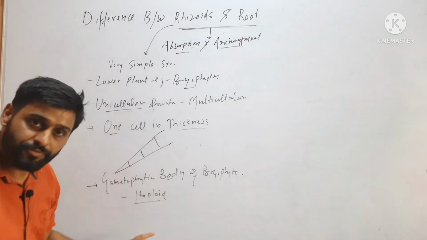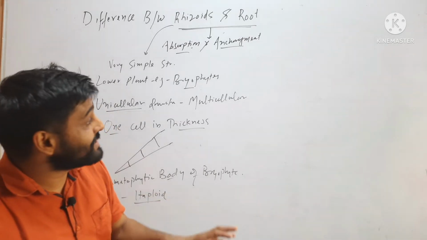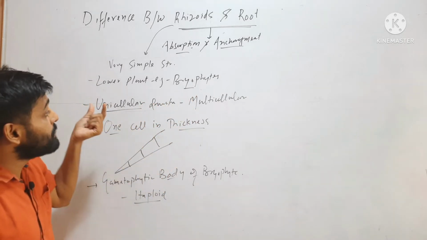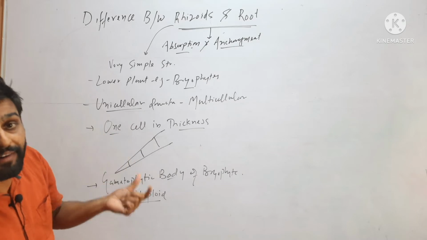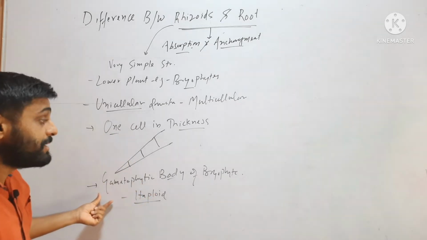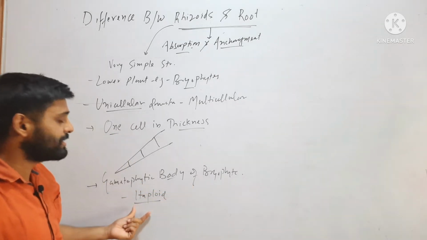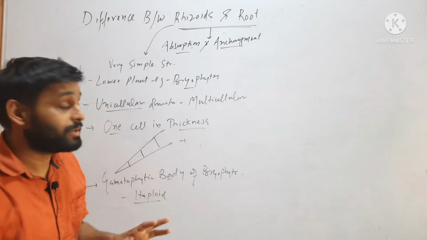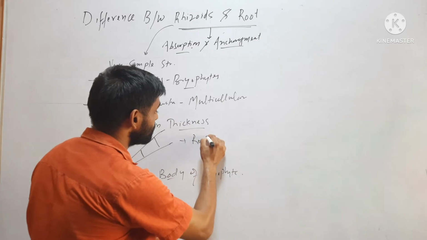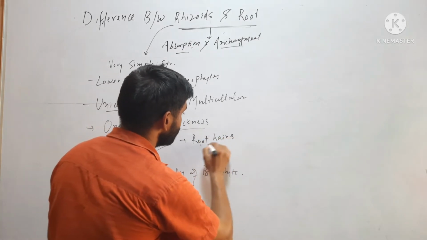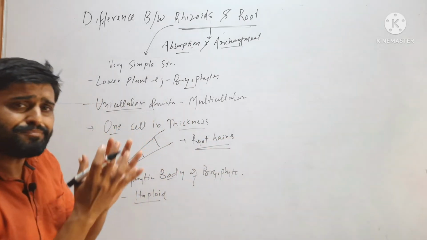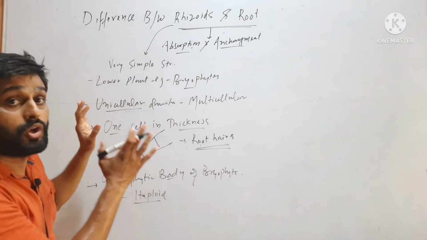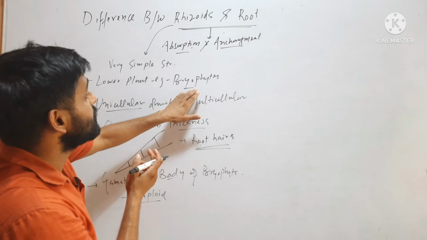It arises from the lower epidermis of the gametophyte of the bryophyte. They are pretty similar to root hairs. So these are simple absorptive organs that are found in lower organisms, that is, bryophytes.